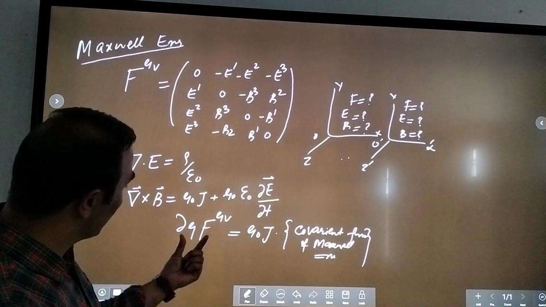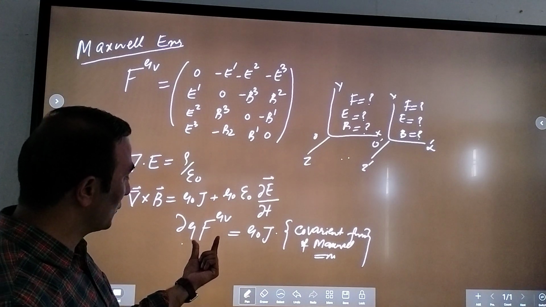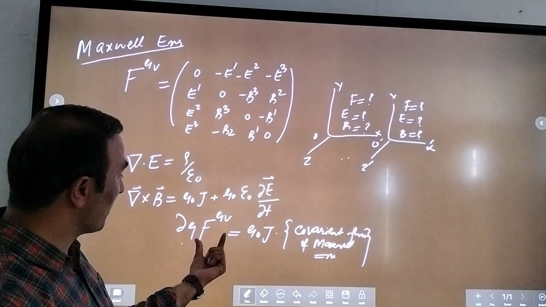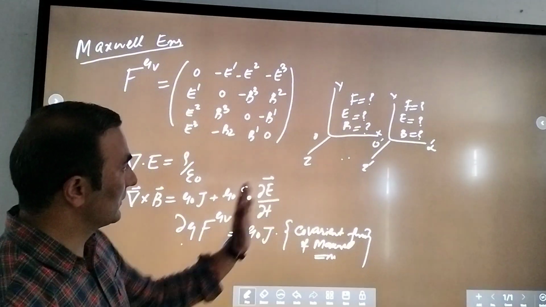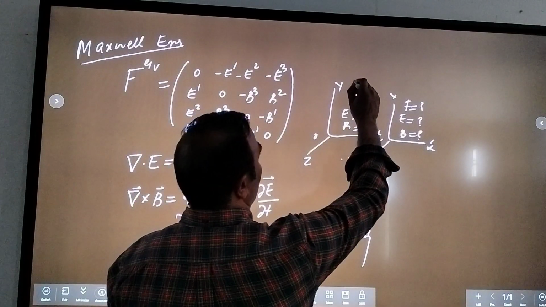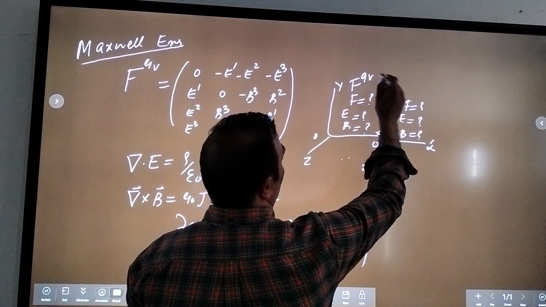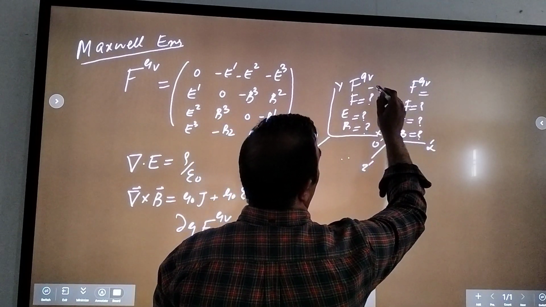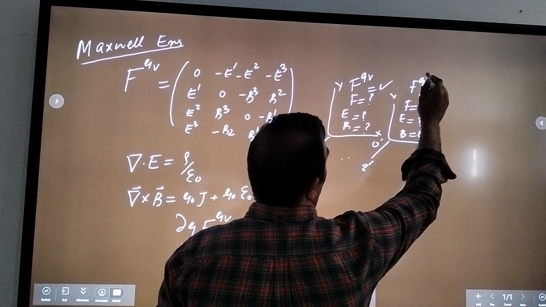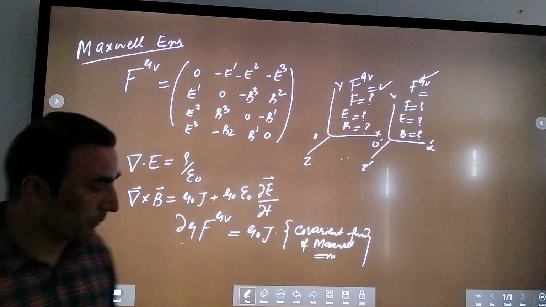So we write it in this form, because when you transform this F mu nu, the electromagnetic field tensor, from this frame to that frame, you will get the same value.